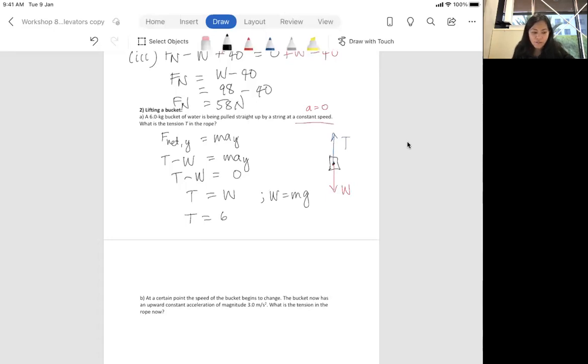The mass is given to be 6 kgs. Gravitational acceleration is constant, 9.8 meters per second squared. So you have a tension force of 58.8 newtons, or rounded to about 59 newtons for 2 significant figures.